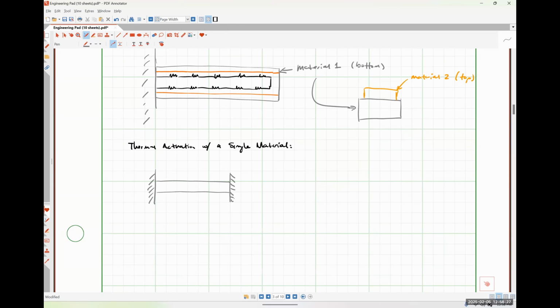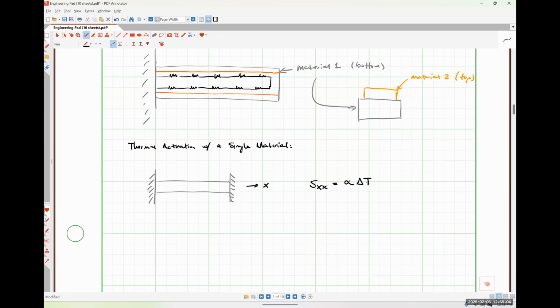Well, if I anchored it on one side and we heated it up, it would just extend in the direction that it's free to expand, right? Because of the coefficient of thermal expansion. Well, if I restrict it on both sides, what I'm going to find out is that I'm going to develop some strain. So if this is the X direction, then our strain in the X direction is just going to be alpha, our coefficient of thermal expansion, multiplied by our change in temperature.